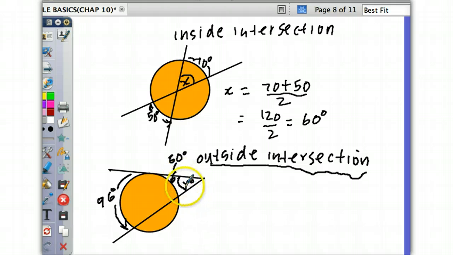I'll show you how you can find this angle that they make together. Go ahead and draw this. This is 60 degrees, 96 degrees.